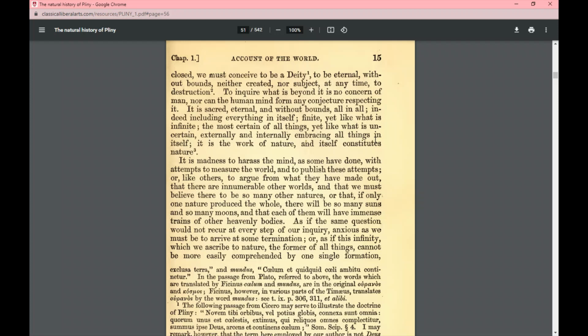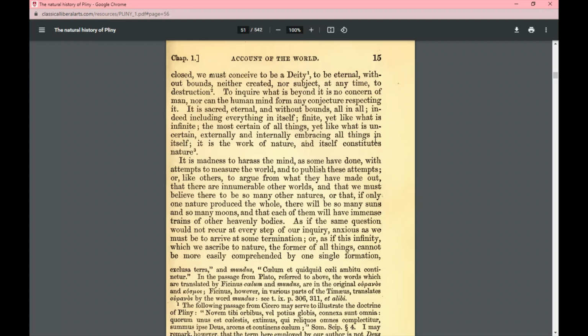Okay? It is madness to attempt to measure the world and to publish these attempts, or like others to argue from what they have made out that there are innumerable other worlds, which modern science tries to say. That it just goes on, and there are more and more galaxies and more planets and stars and suns and moons, and it just goes on and on and on.